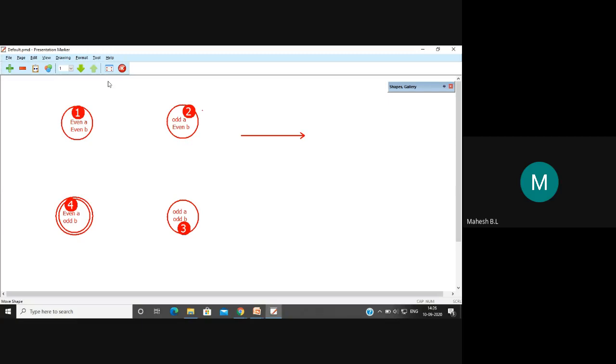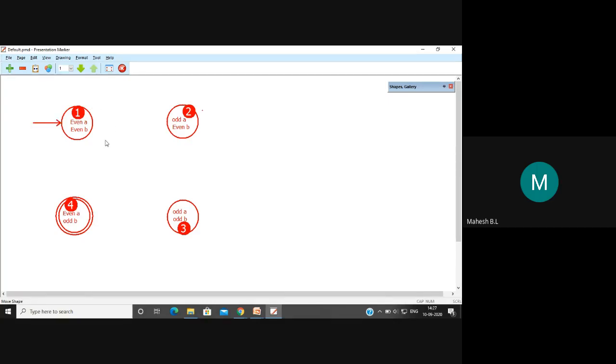That's why the initial state is even A's and even B's. So if you have not read anything, you are in the initial state. The initial state must be marked with an incoming arrow. So state 1 is the initial state.